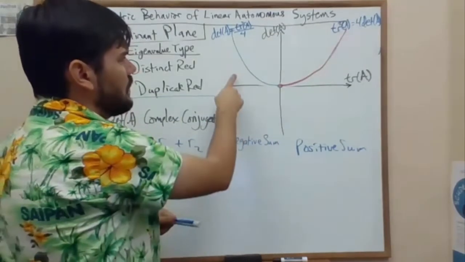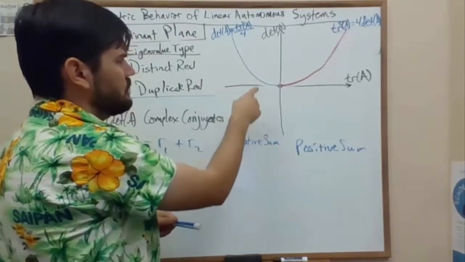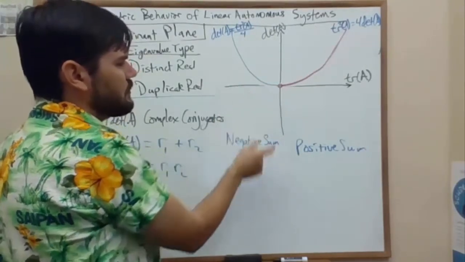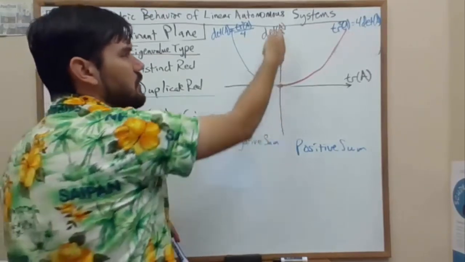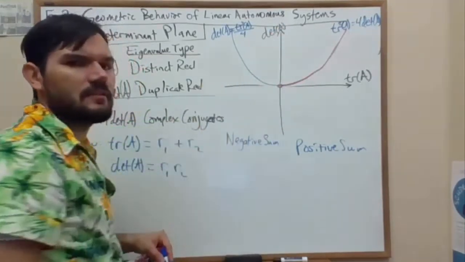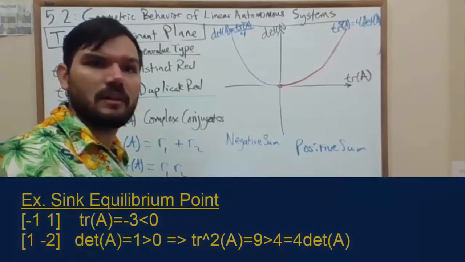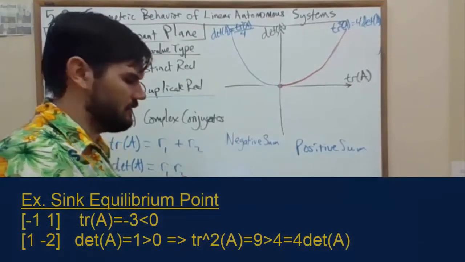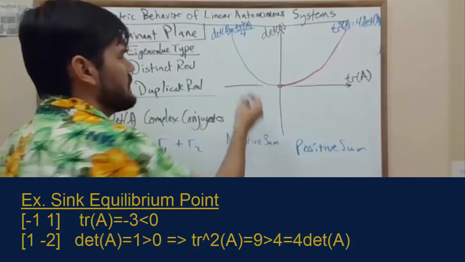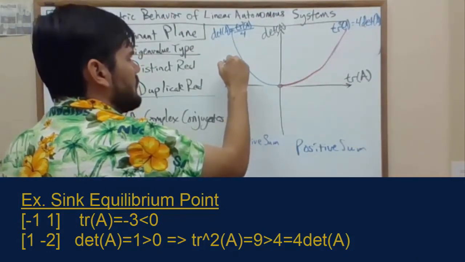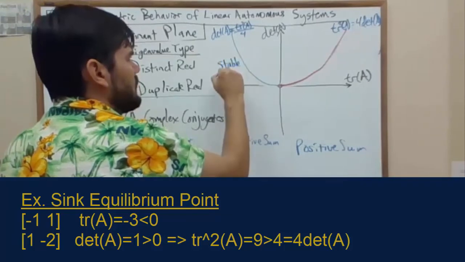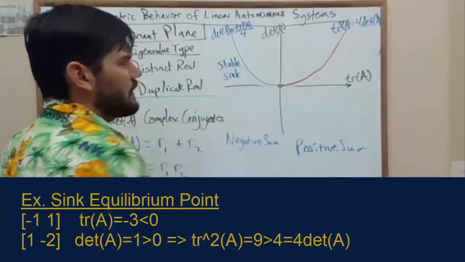Well, on this part where it's real, we have a trace that's negative, so the sum is negative, but the product is positive. So if the sum is negative and the product is positive, they're both negative. So this is stable. Stable sink.